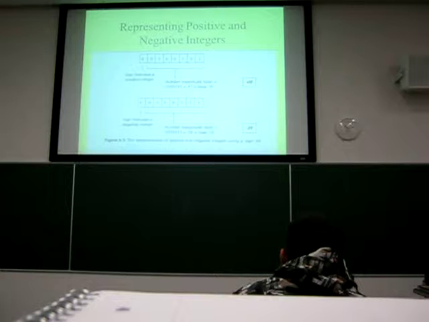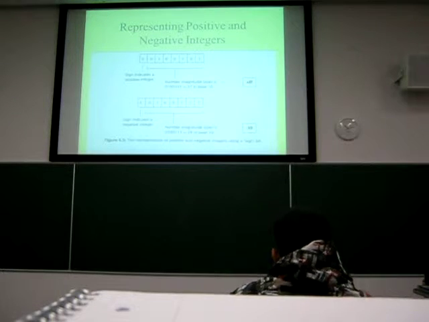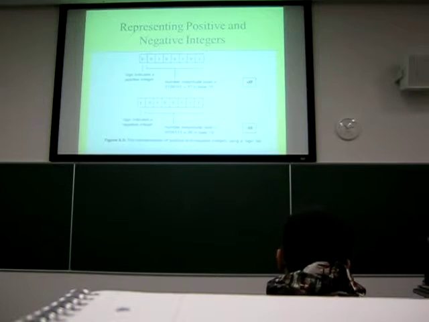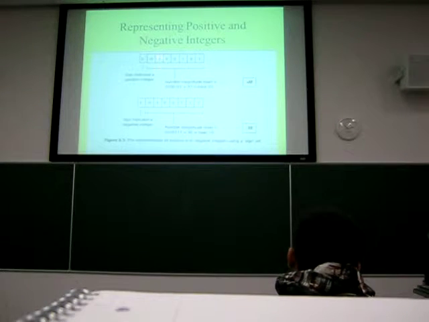Very simple. So the most significant bit carries the sign, and the remaining less significant bits carry the magnitude. For example, if I look at this one, this is, I think, 32 plus 4 is 36, plus 1 is 37. Okay.